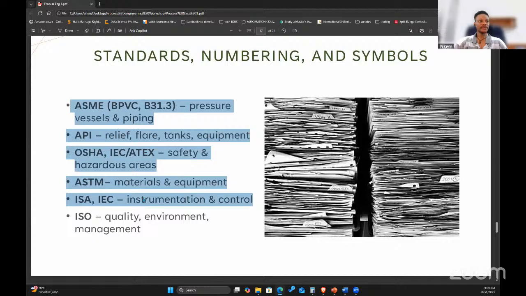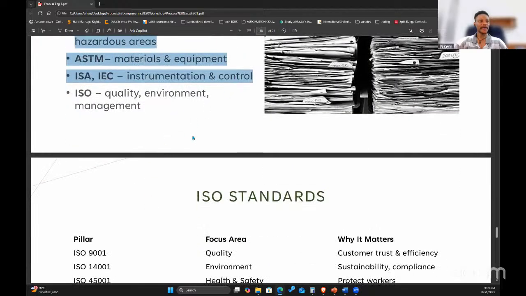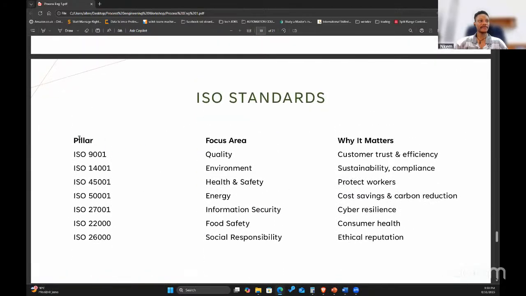The moment a company acquires ISO standards, any of these pillars of standards, usually if you visit companies, at the reception or the entrance, you find a frame showing the company has ISO 9001, ISO 14001, and all of these standards.